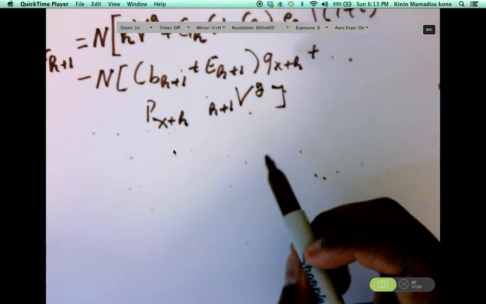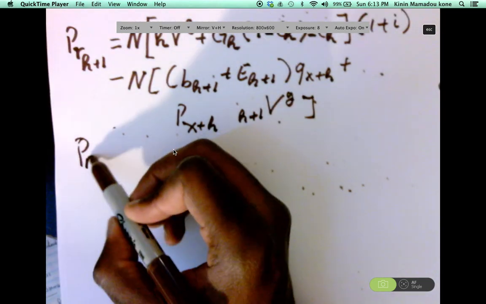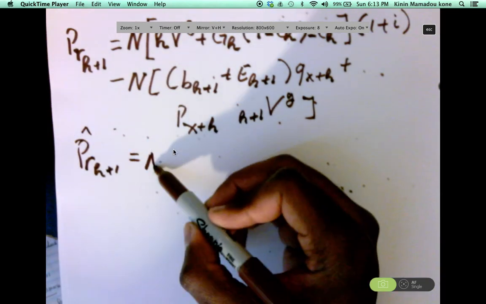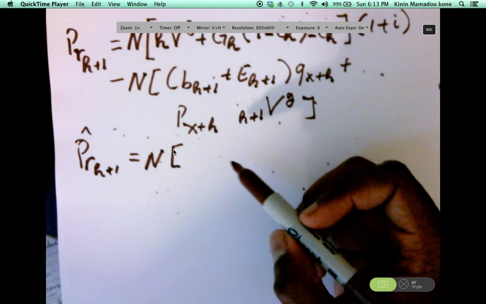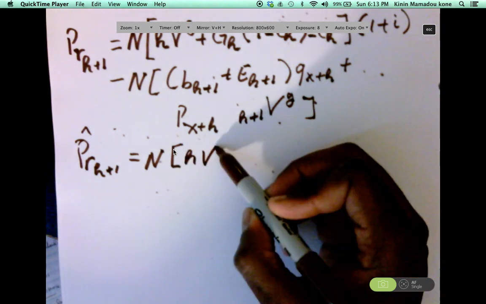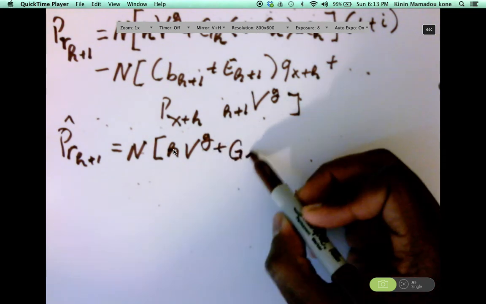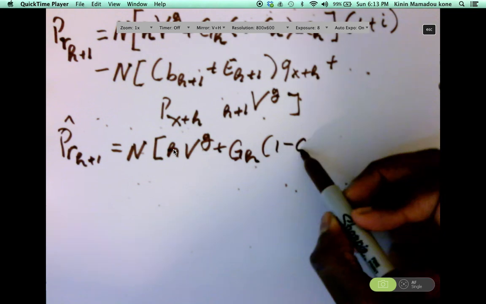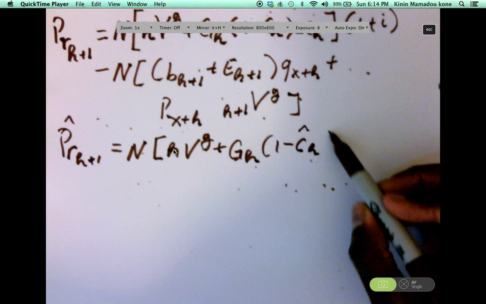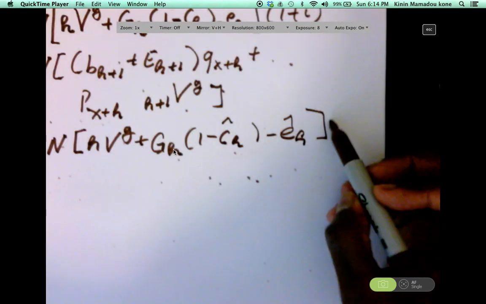For the actual profit, it's the same recursion relationship. You have N times the reserve plus the premium minus the expenses, and you make it grow at the interest rate.